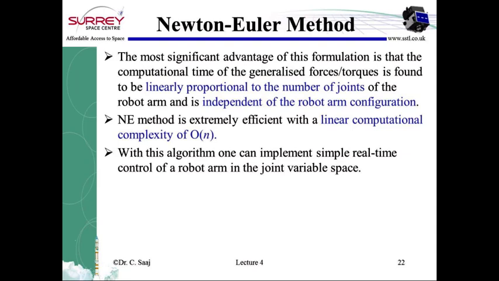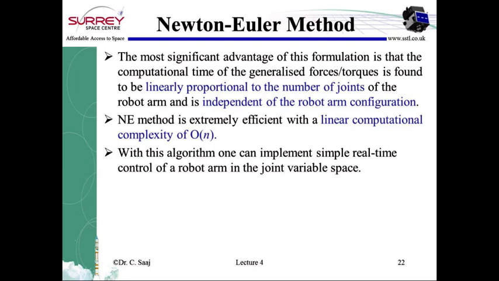So if you compare the two methods, one can say that the Newton-Euler method has a computational advantage over the Lagrange-Euler method, because in this approach, the computational load is linearly proportional to the total degrees of freedom of the system, and it is independent of the configuration of the arm.